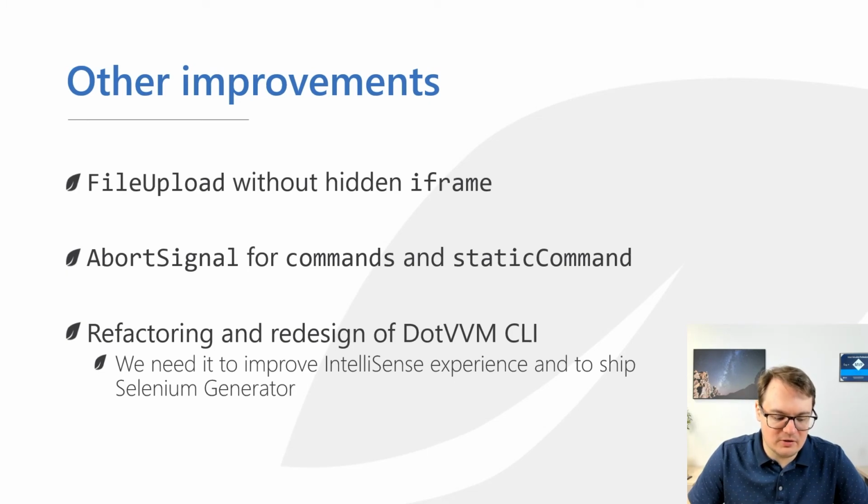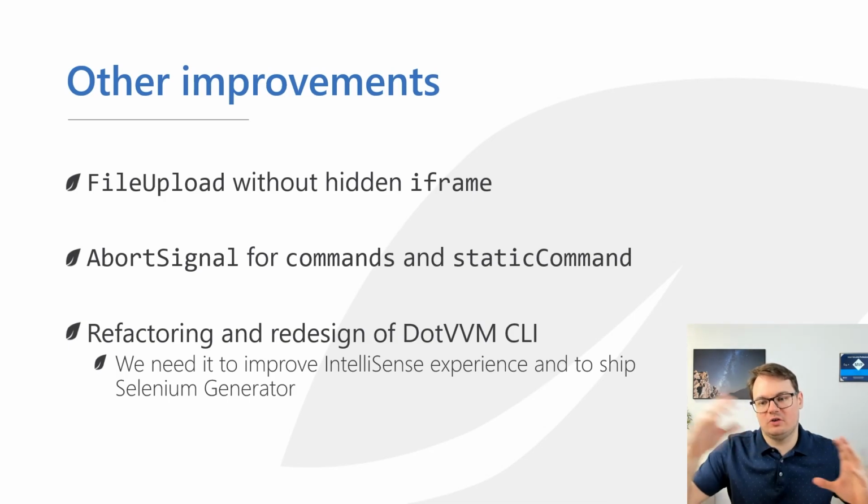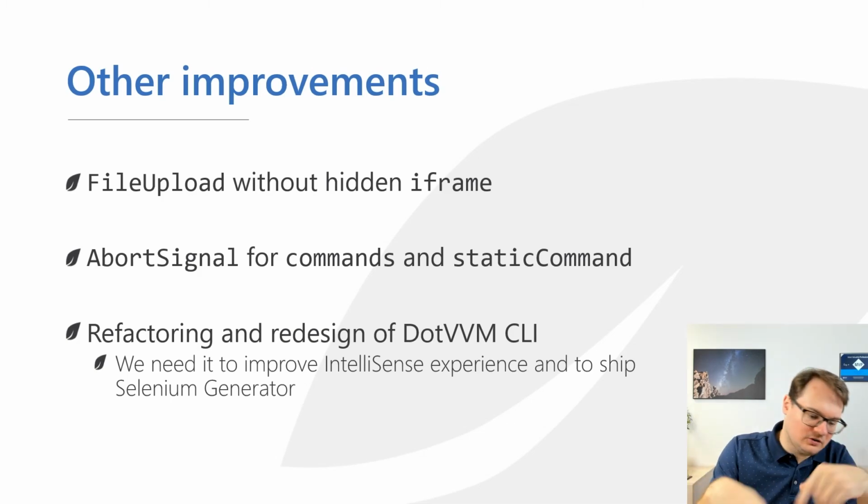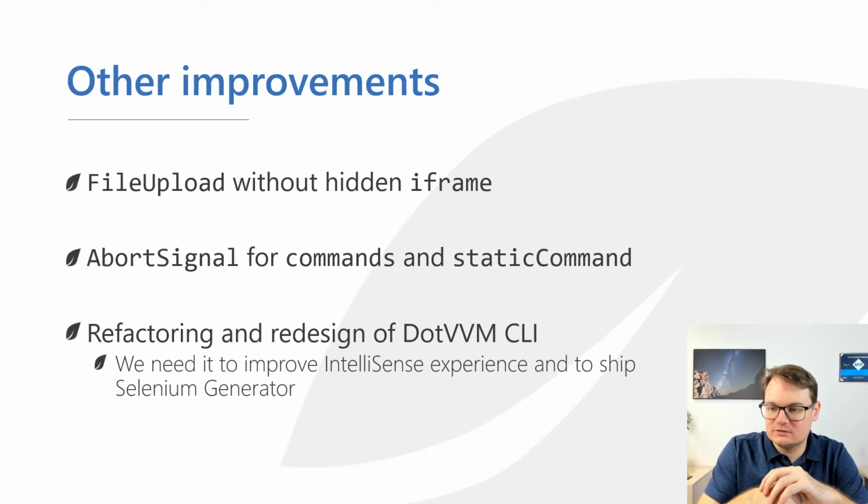Also, we have implemented support for aborting long-running commands and static commands from the client. So for example, if you have a long-running operation and you are calling it through a command or static command, and then start another command and they both cannot run together, so DotVVM will abort the request.